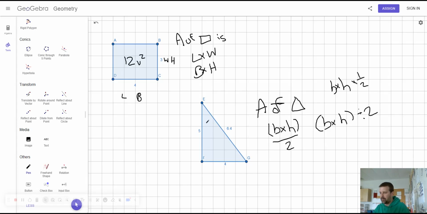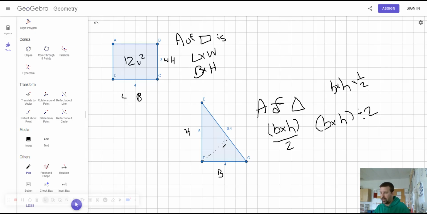Here we go, we got these 3 dimensions that potentially can be used. It makes sense in this case to use 4 as my base and 5 as my height, okay? Because I know them. If I use 6.4 as my base, I need to precisely measure a height that goes from the base to point F at a 90 degree angle, and I just don't have that information, and you guys know my artistic inability.